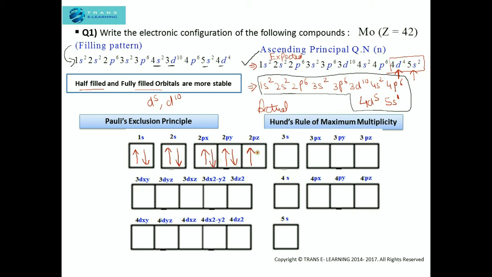Now I will follow these 2 rules and fill up all the orbitals here. Now the actual electronic configuration is 4d5 and 5s1. So here we will be having 5 electrons with parallel spin and 5s1.